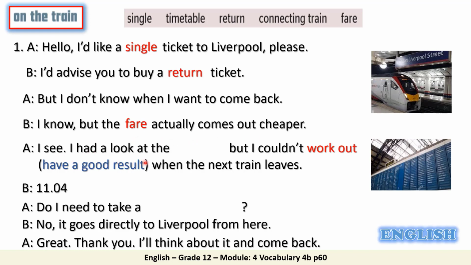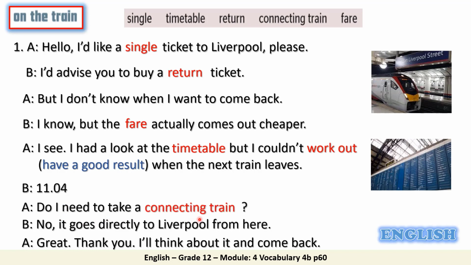You say, I see. I had a look at the, what do we call this? Right, it's timetable, but I couldn't work out. To work out means to have a good result about when the next train leaves. So he says it leaves at 11.04 or 11 and 4. You say, do I need to take what is the last one?